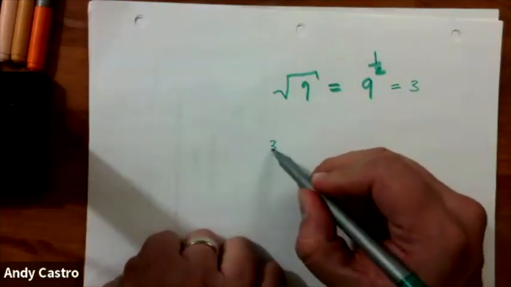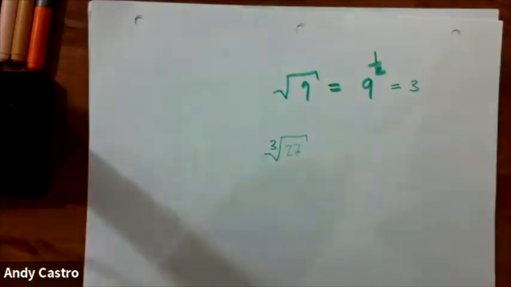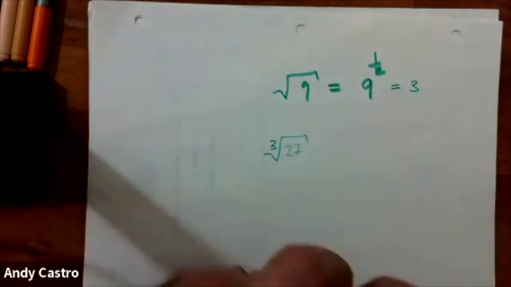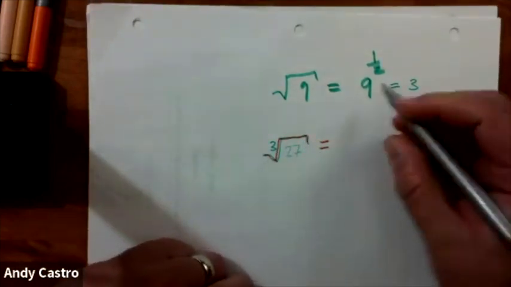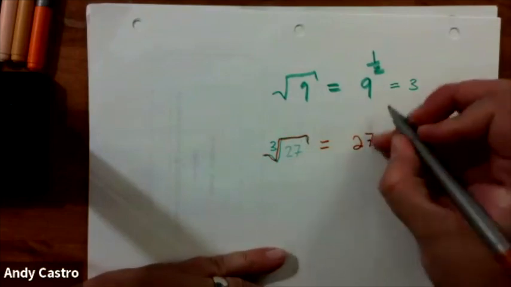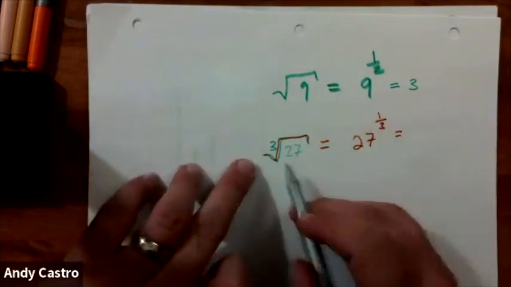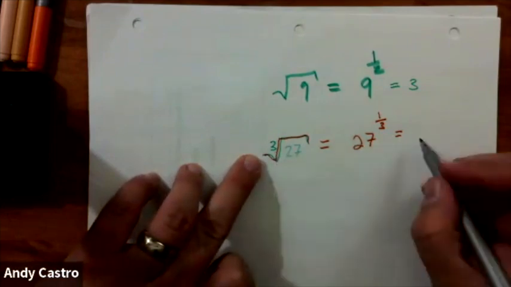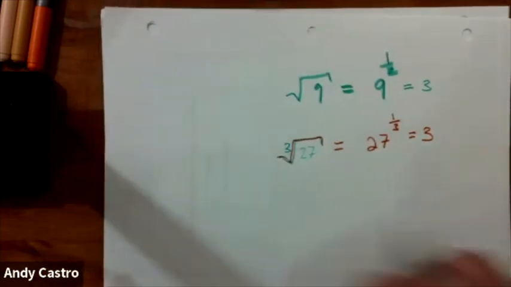The cubed root of 27, let's say, I can also denote as an exponent. 27 raised to the 1/3 power. That's the same thing as the cubed root, or in this case, 3. So a radical is the inverse of exponent.